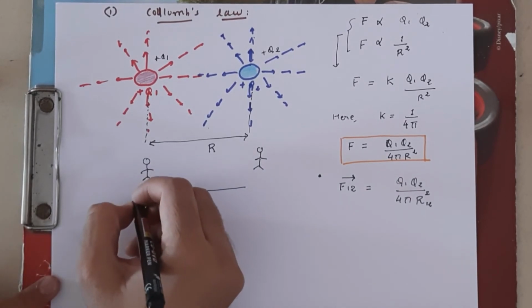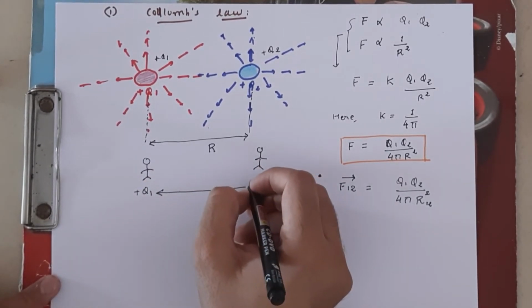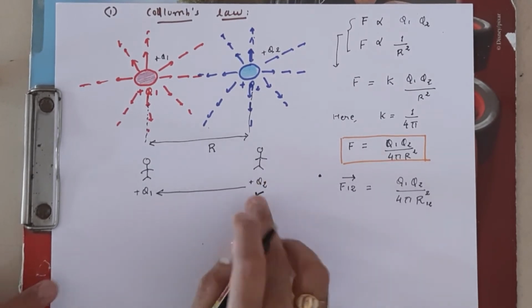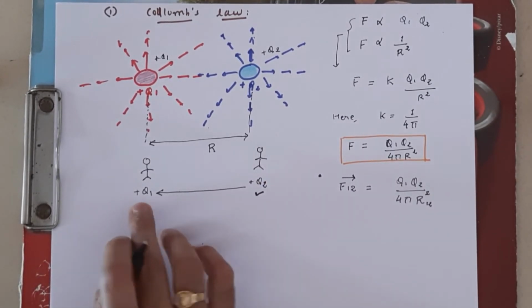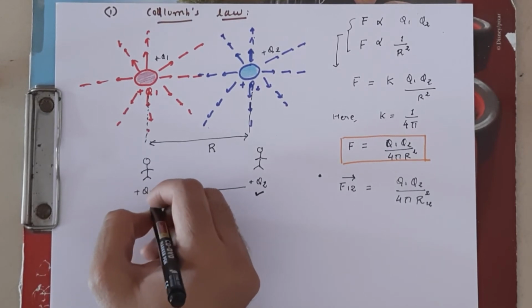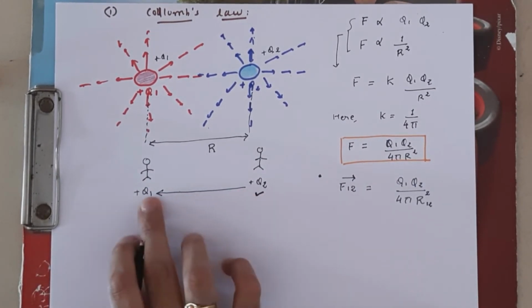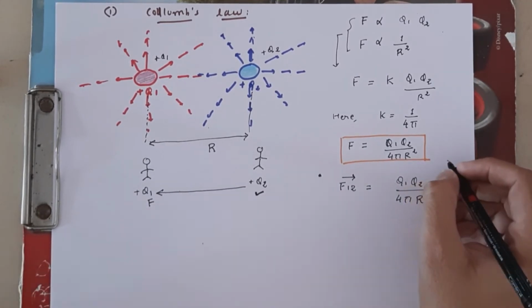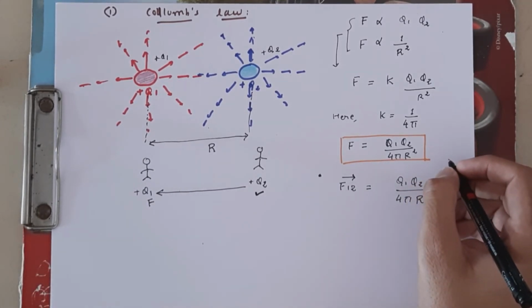Here is my charge q1 and here is my charge plus q2. We consider the field of the second charge and we have to find the force on the first charge. So I have to draw the vector from 2 to 1.